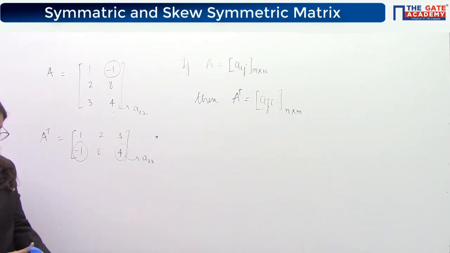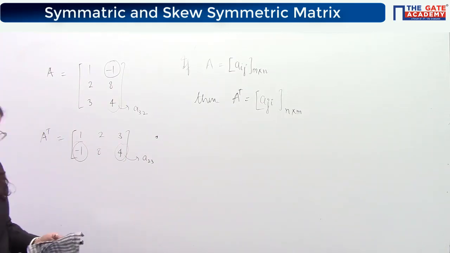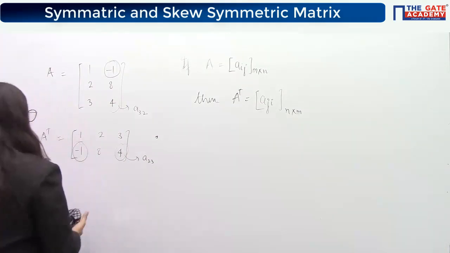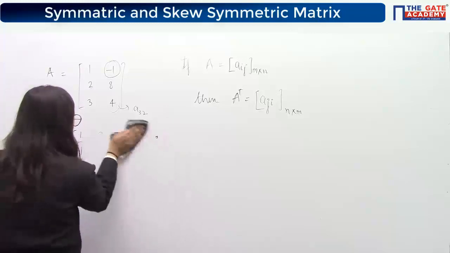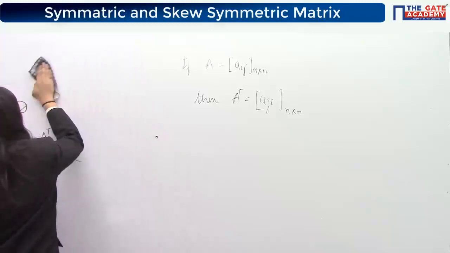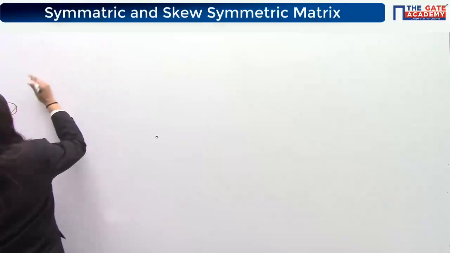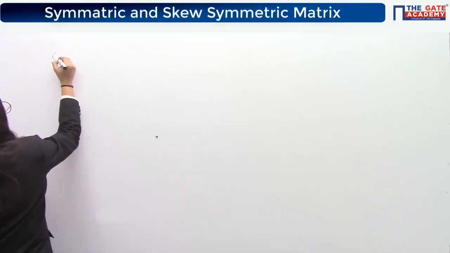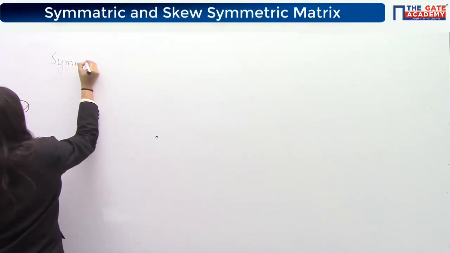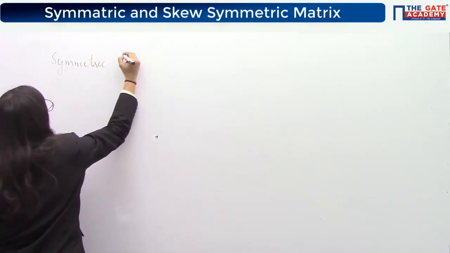Now using this concept of transpose, we will define two most important types of matrices. Can anybody guess what type of matrix I am going to define now? Now I am going to define what is known as a symmetric matrix.